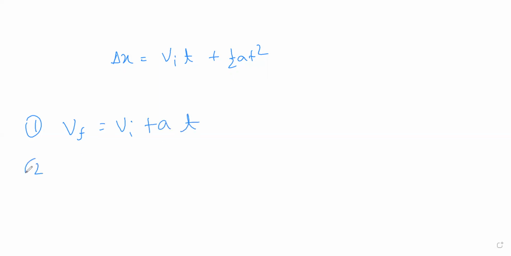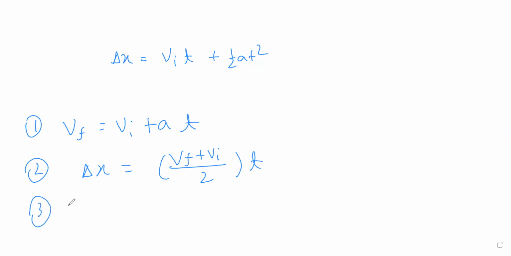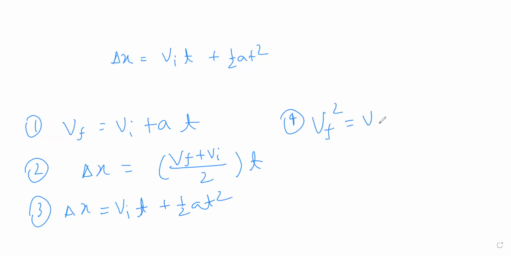The second formula is del x equals (v final plus v initial) over 2, times t. The third formula is del x equals v initial t plus half a t squared. And the fourth formula is v final squared equals v initial squared plus twice a del x.